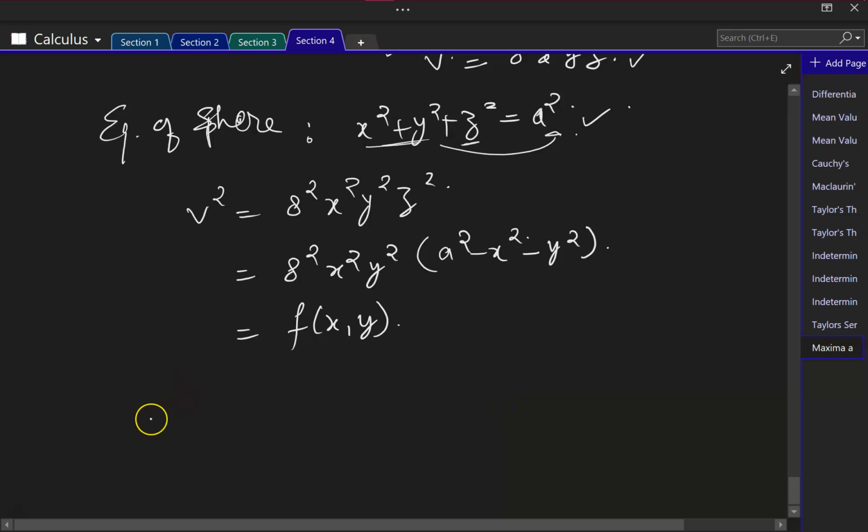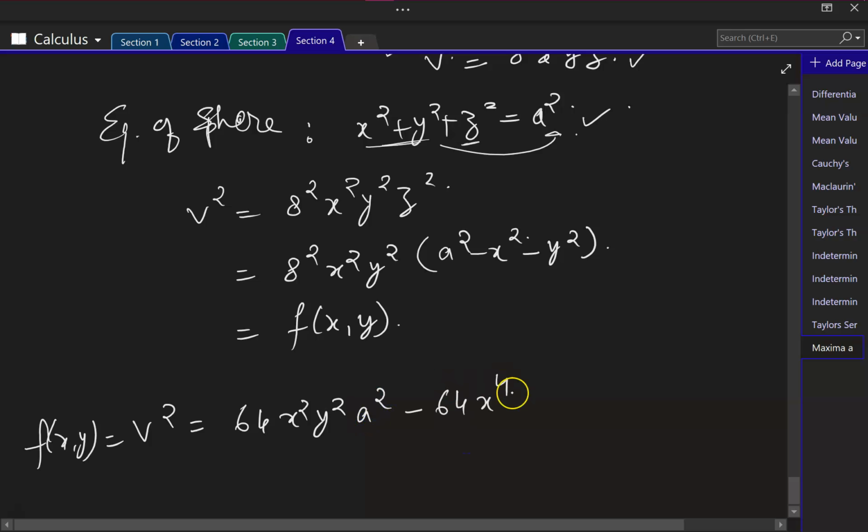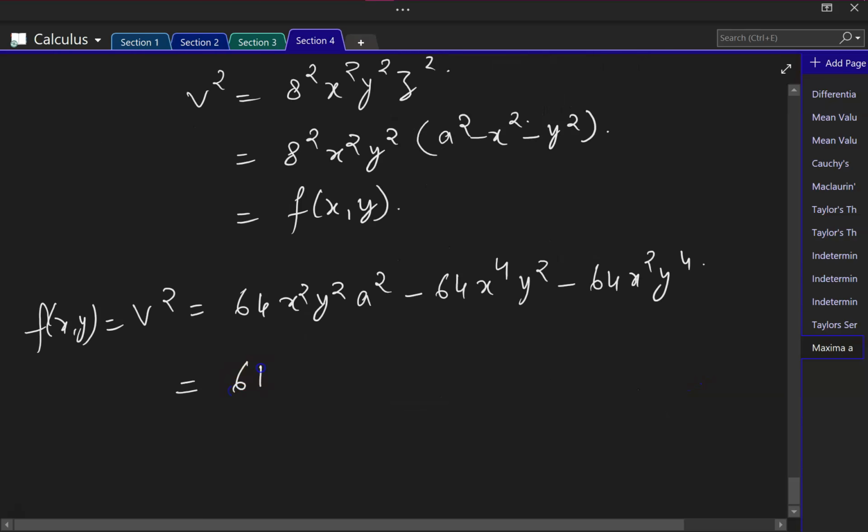Okay, so our function is V square is equal to 64 x square y square a square minus 64 x4 y square minus 64 x square y4. 64 is common, so let's take it out: x square y square a square minus x4 y square minus x square y4.